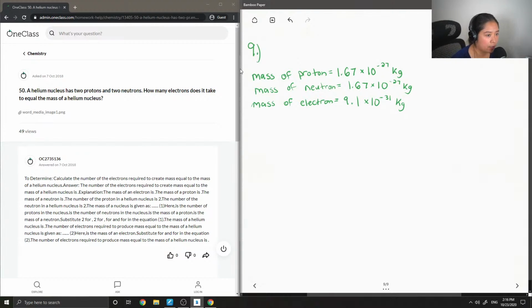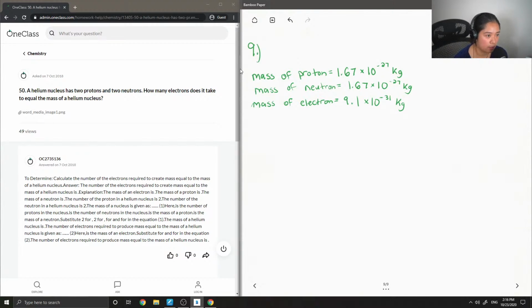Okay, so if you compare these 3 masses, you'll notice that the mass of the proton and neutron are practically the same value. And on the other hand, your mass of electron is way smaller. So what makes every element unique is that they all have different numbers of protons.